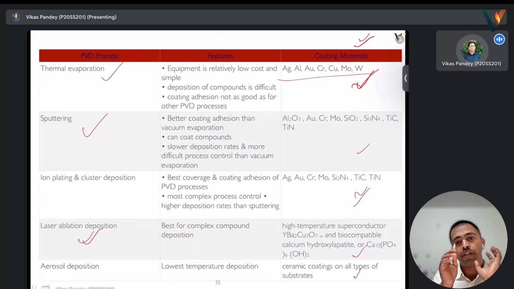So if we have to deposit Al2O3, we will have to have Al2O3 with us. It is not that we will have aluminum and some oxide and then do a chemical reaction. We will have to have aluminum oxide, silver, gold. These things we will have to have, and that we will coat.